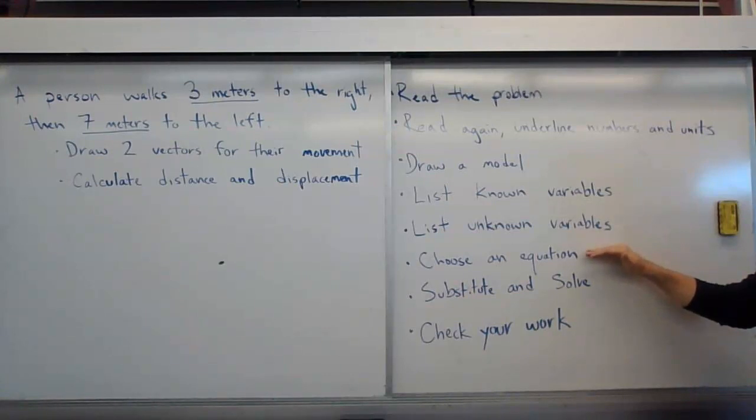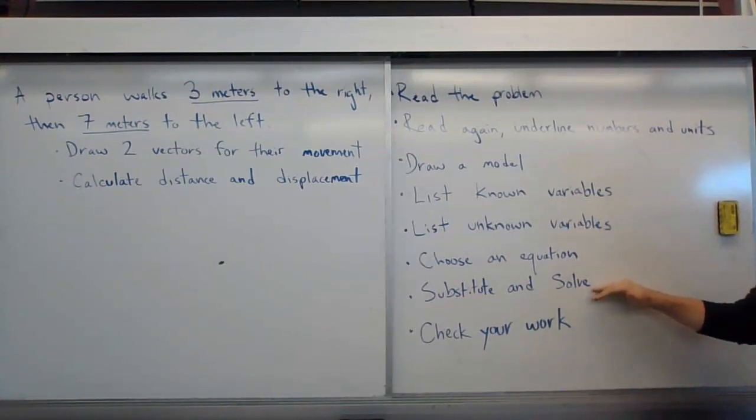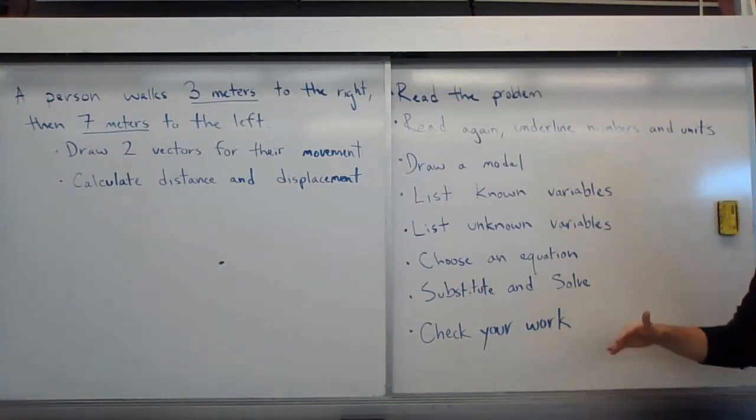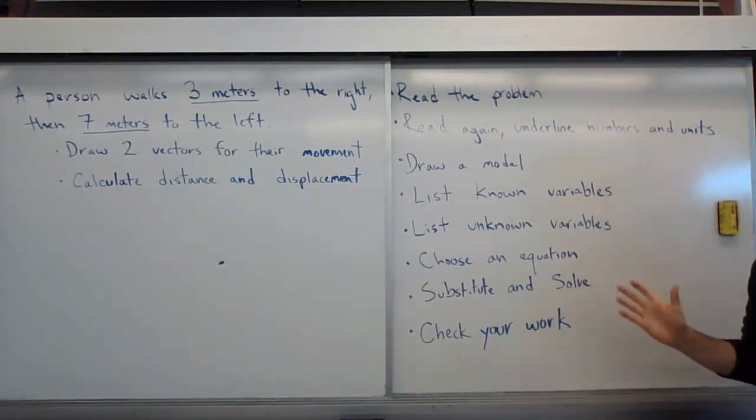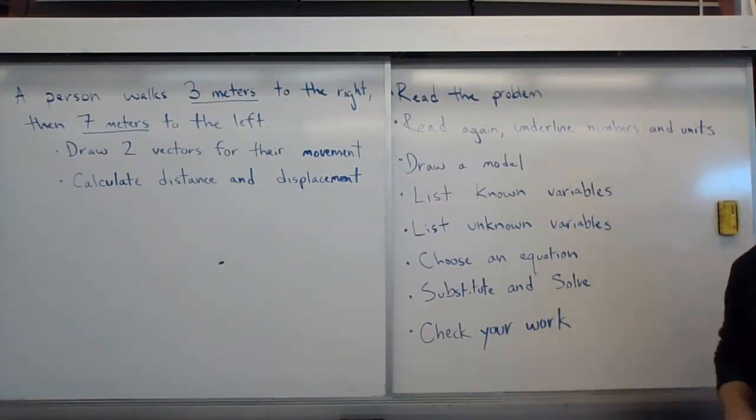Once you have the right equation chosen, you can substitute the numbers in that you have and do some math to solve the problem. And then check your work. Make sure that the number makes sense. Make sure that it's not some crazy high number, crazy high speed, or whatever we're trying to calculate, and make sure your units are correct.